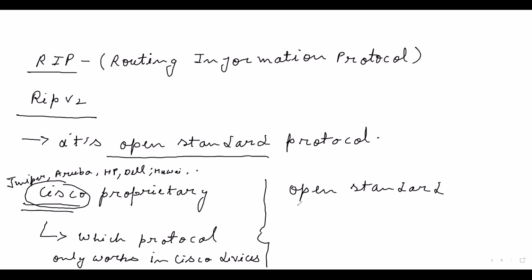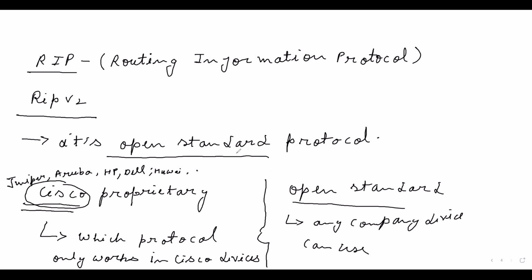With open standard, any company's device can use this type of protocol. So RIP version 2 is an open standard, which means any company's device can use the RIP protocol. Got my point?